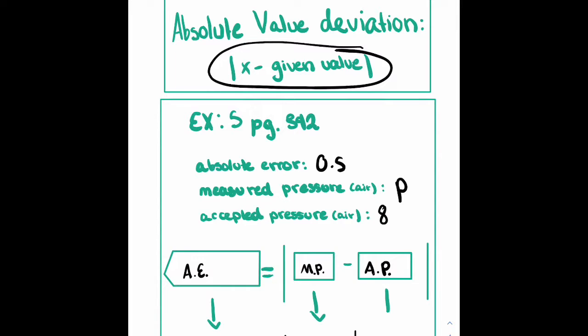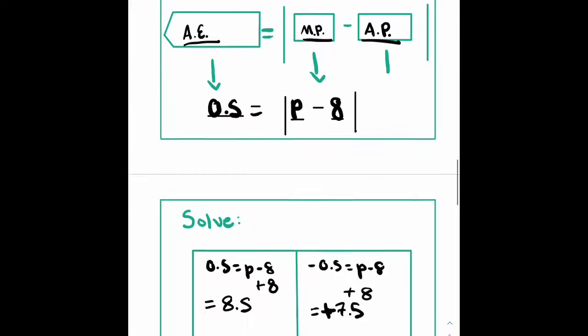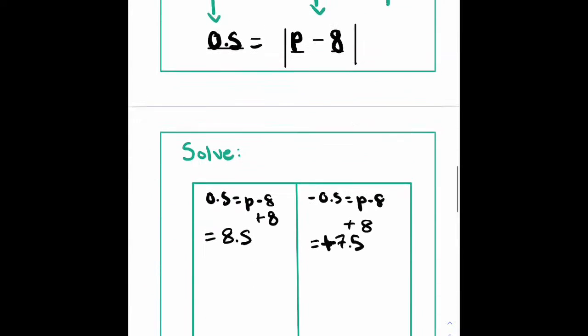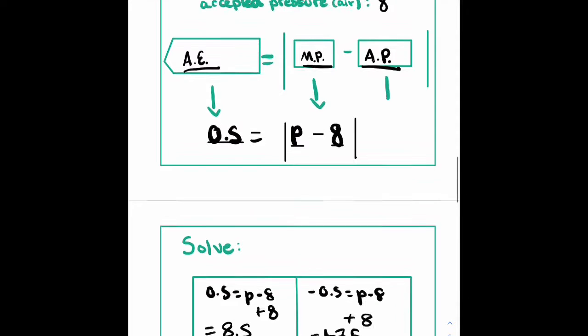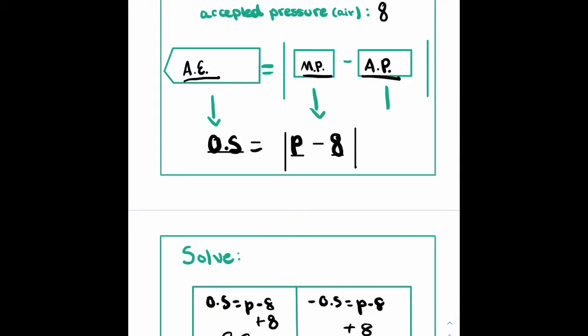So first we have to plug it in. It's going to be the absolute error equals the measured air pressure minus the accepted pressure, which is 0.5 equals the absolute value of p minus 8. We're trying to find what the maximum and minimum values are, and we already know what the absolute deviation is and what the accepted air pressure is.